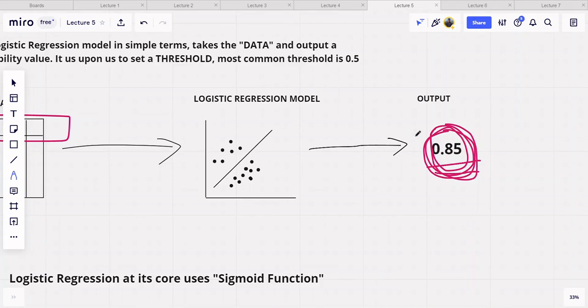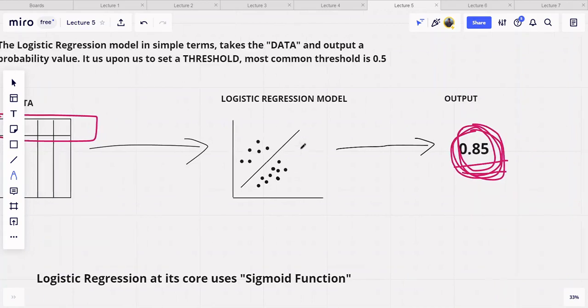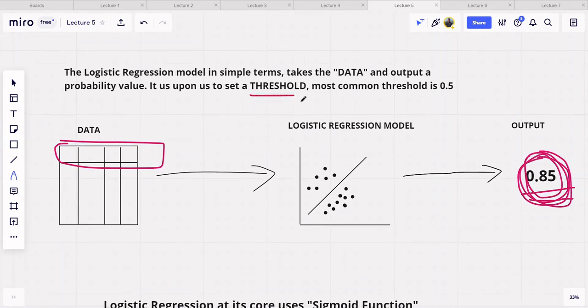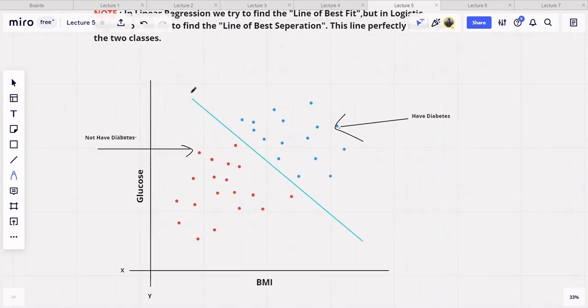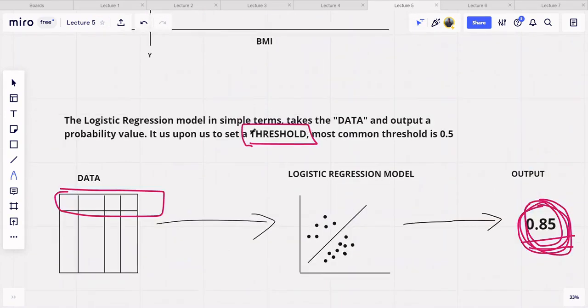Now it is up to us to decide the threshold. The logistic regression model decided a best threshold line after training that separates this data set into two classes. Now it is upon us to decide the threshold.